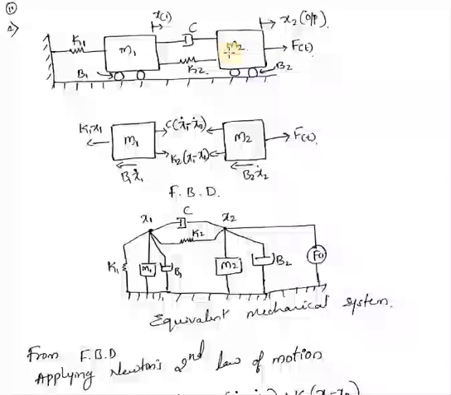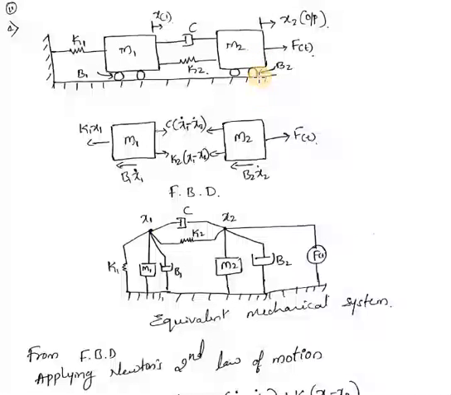Because of the displacement of M2, displacement takes place in C and K. Because of these displacements, the displacement of M1 will occur. That means the output would be the displacement of M1. But here we are asked to take x2 as the output. So the value of x2 is greater than x1. I will tell you what the difference is.